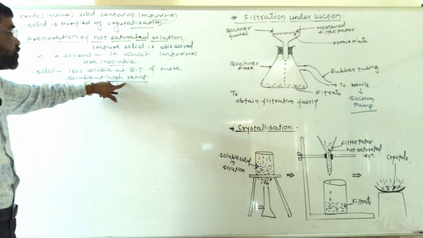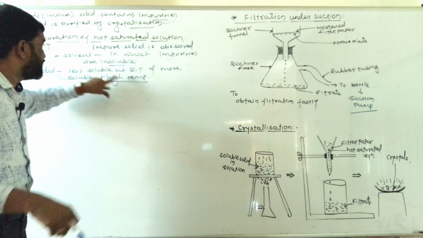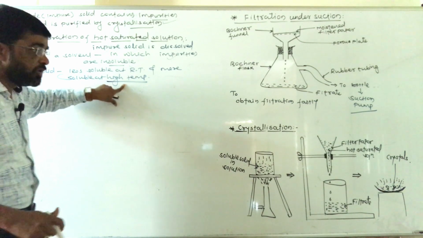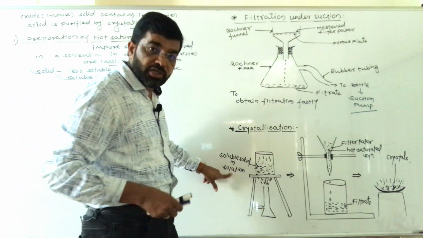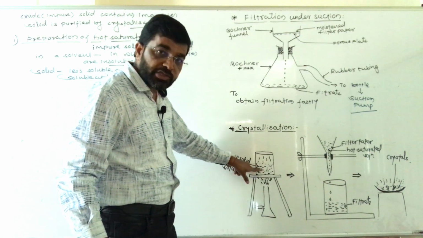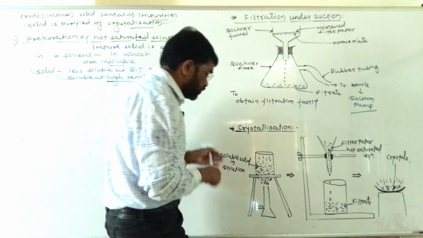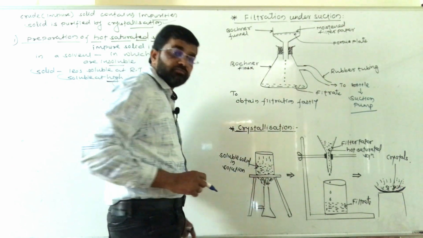Hot saturated solution is prepared by dissolving the impure solid in a suitable solvent at high temperature. So here you see the soluble solid and the solvent taken, right? Here it is heated using the burner.